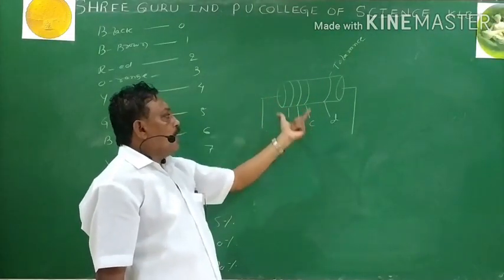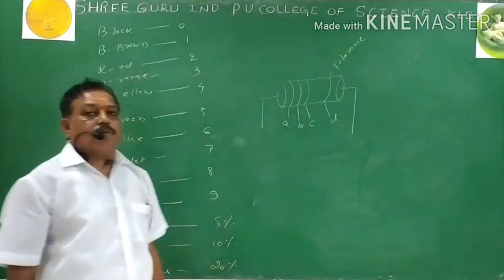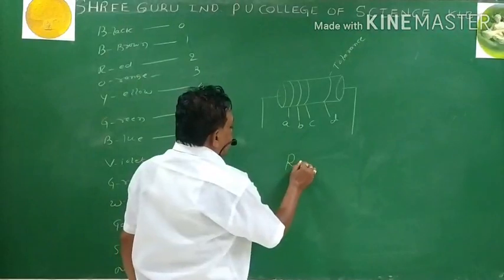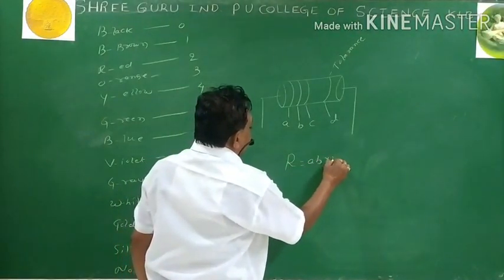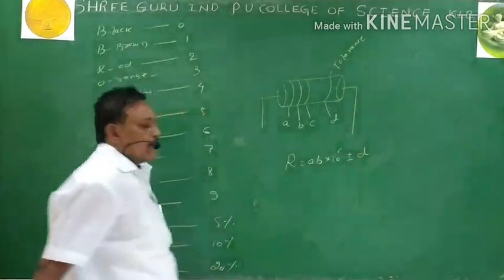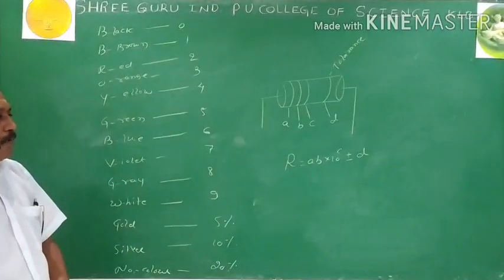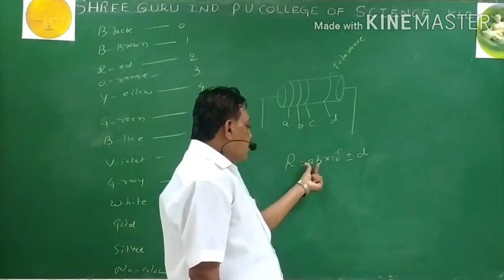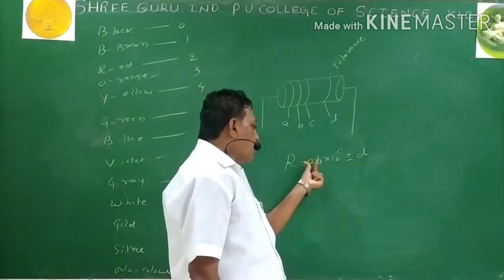Then how to read the resistance? Is there any formula for reading the resistance? Yes, we know the equation: R equals AB into 10 to the power of C plus or minus D. Here AB is not A multiplied by B, that is nothing but read together.